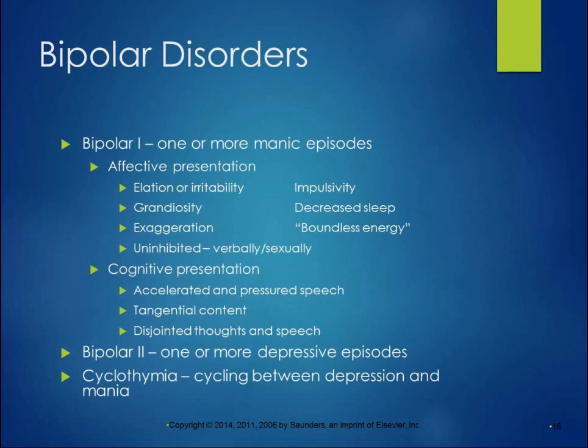Cyclothymia is what is generally considered to be the classic bipolar disorder or manic depression, where people are cycling between depression and mania. Interestingly enough, one of my friends who's an ER nurse said when people come into the emergency room in a manic phase, the first thing they do is try to calm them down out of that manic phase with medication.